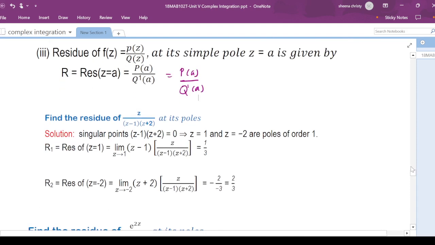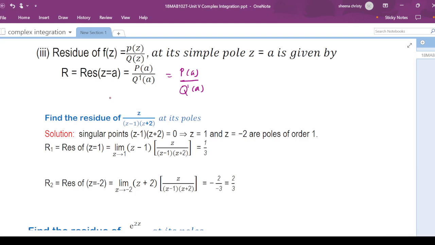Now take this problem. Find the residue of f(z) at its poles. Here the function f(z) is z / ((z - 1)(z + 2)). If you want to find the poles, you have to know the singular points. By equating the denominator to 0, you will get the singular points z = 1 and z = -2.